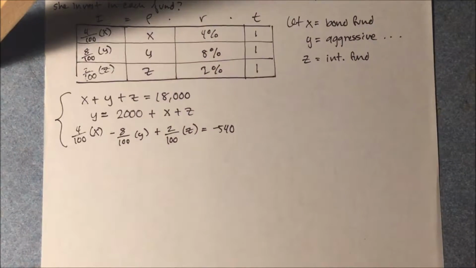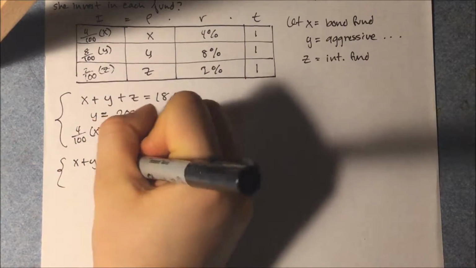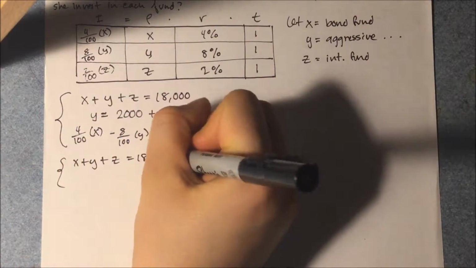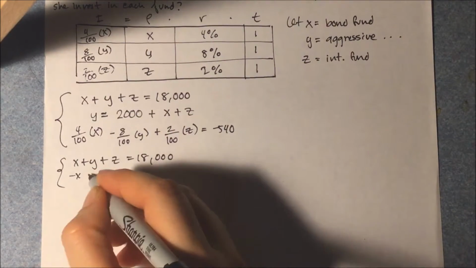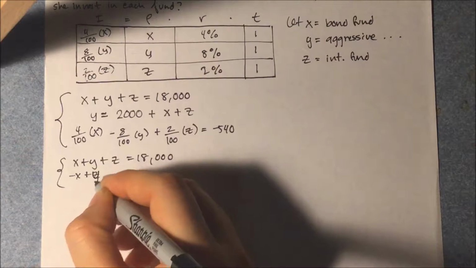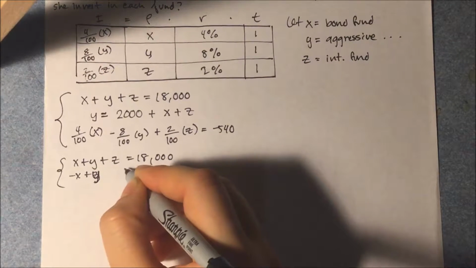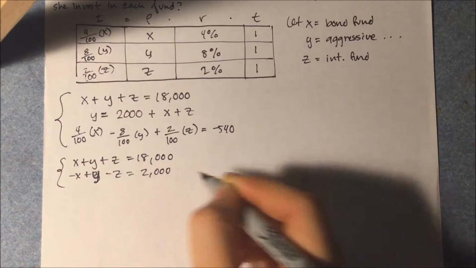So I will simplify that, and I will get x plus y plus z equals 18,000. Then moving these over, I get minus x plus y, sorry about that, that'd be plus y minus z equals 2,000.